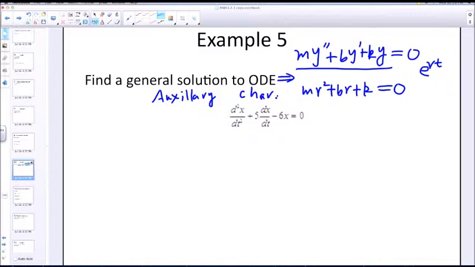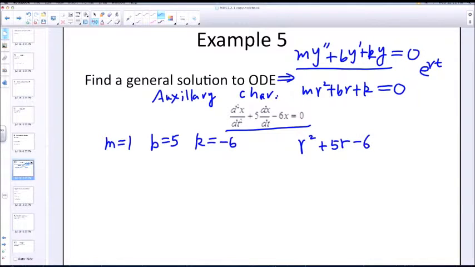So to look at the example here, try to solve this equation, and then all you need is identify m equals 1, b equals 5, k equals -6. And then you get this equation r squared plus 5r minus 6 equals 0.